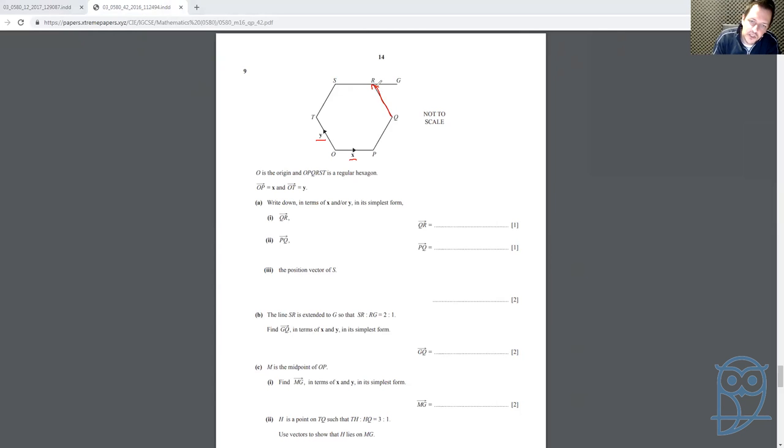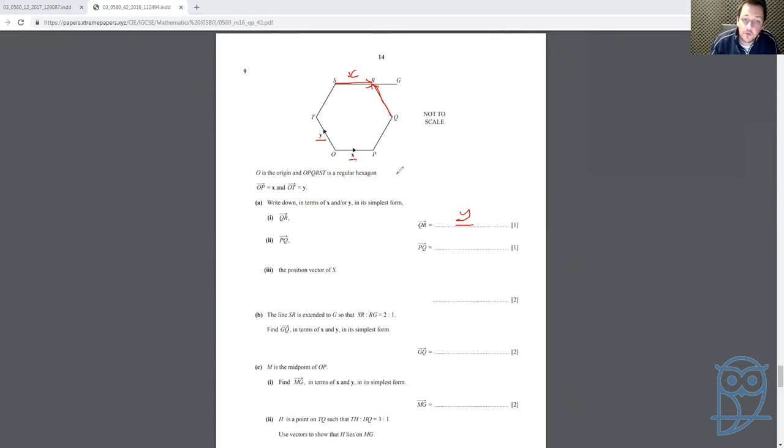This side, QR, and this side, OT, are equal, which means that it is simply Y. Great, because we can take this, move it all the way down, and this would line up perfectly with that in the same direction. So yes, SR would equal X as well, 100% correct.